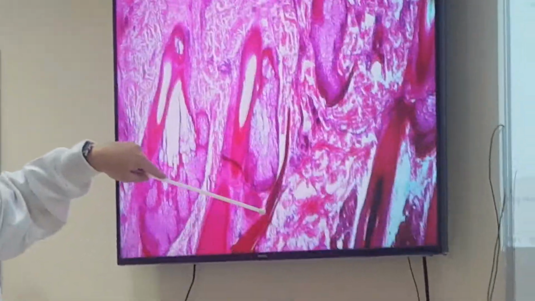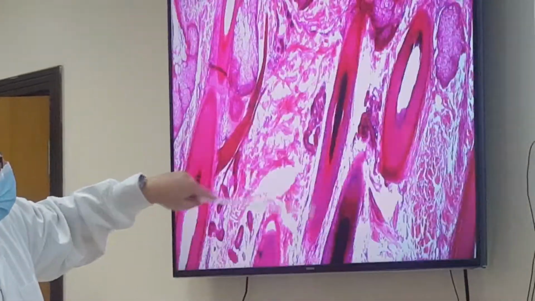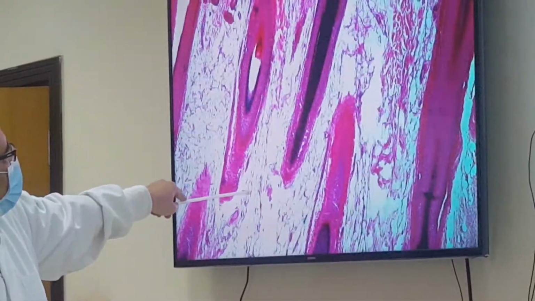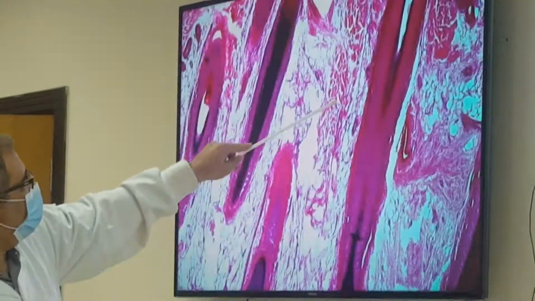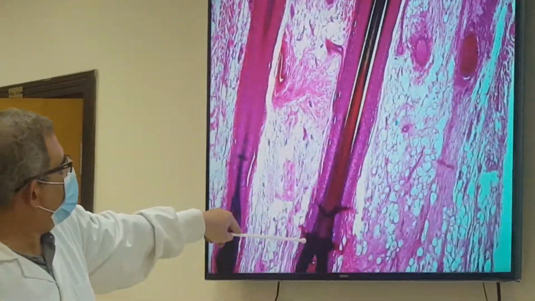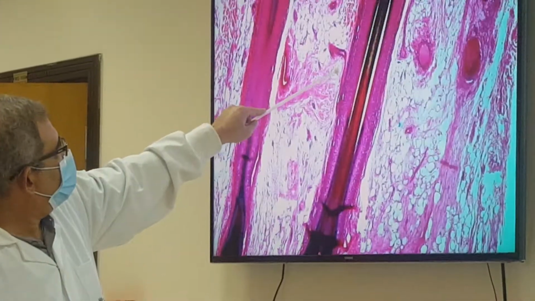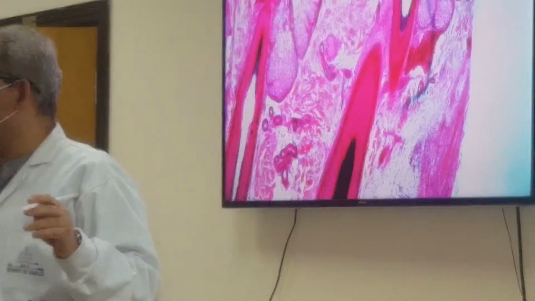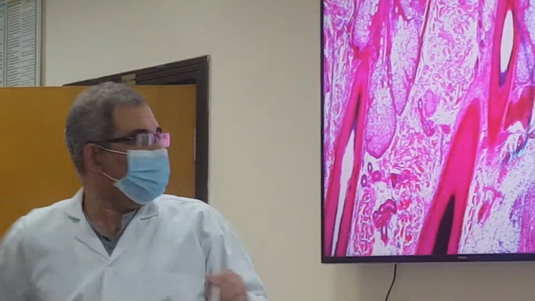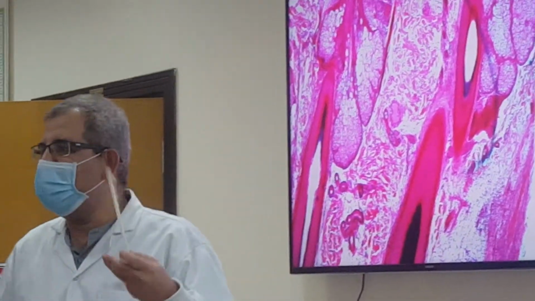Again, they go from down here and they go up. See? This one again. What are these? Very simple to know.